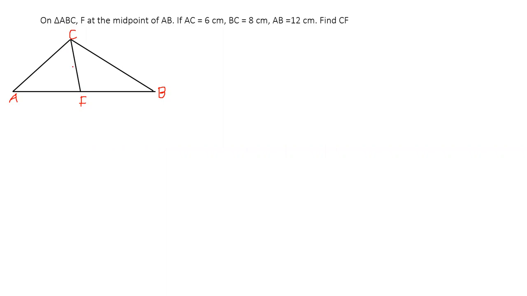In this case, AC equals 6, BC 8, and AB 12, and F is the midpoint, so AF is 6 and FB is 6 as well.